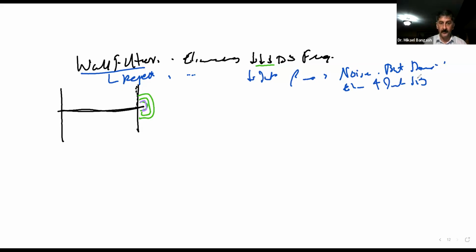It's the same as what the wall filter does. It only eliminates the low intensity or low Doppler shift frequencies, but leaves the strong Doppler shift frequencies intact.